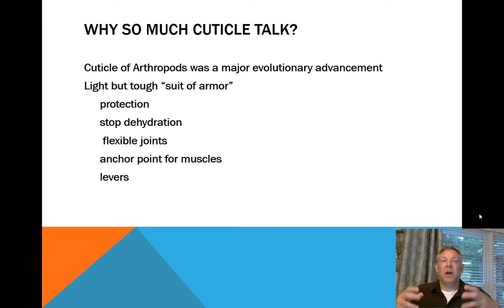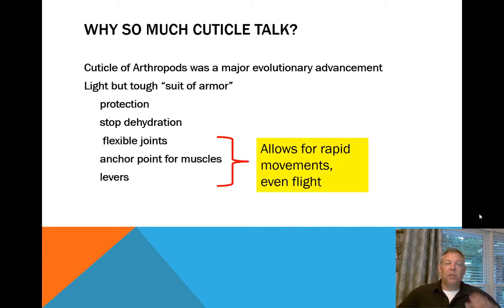And so now you've got all kinds of new attachment points for muscles, and they're designed in such a way that they can act as levers. And so all of these together really helped the arthropods develop many different ways of movement. And so they can develop rapid forms of movement and even flight. And so these are the only invertebrates that can fly. And that is due to this evolution of the cuticle.